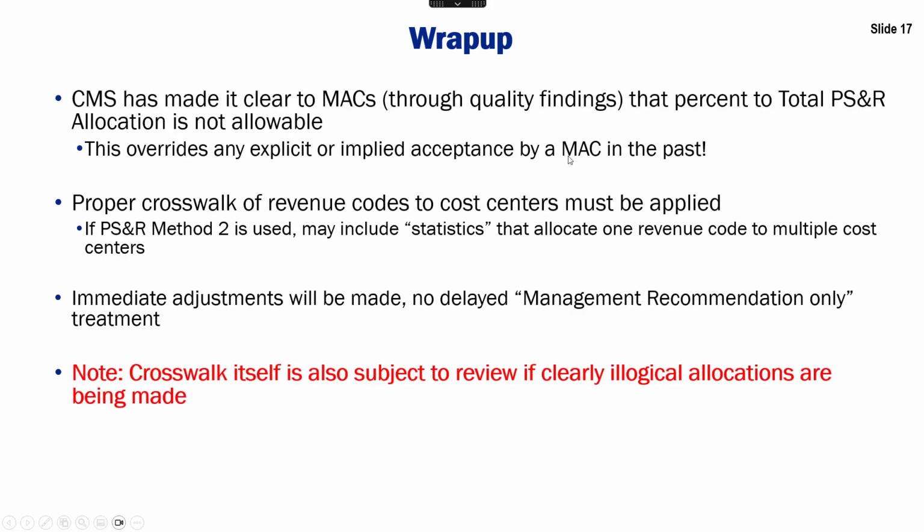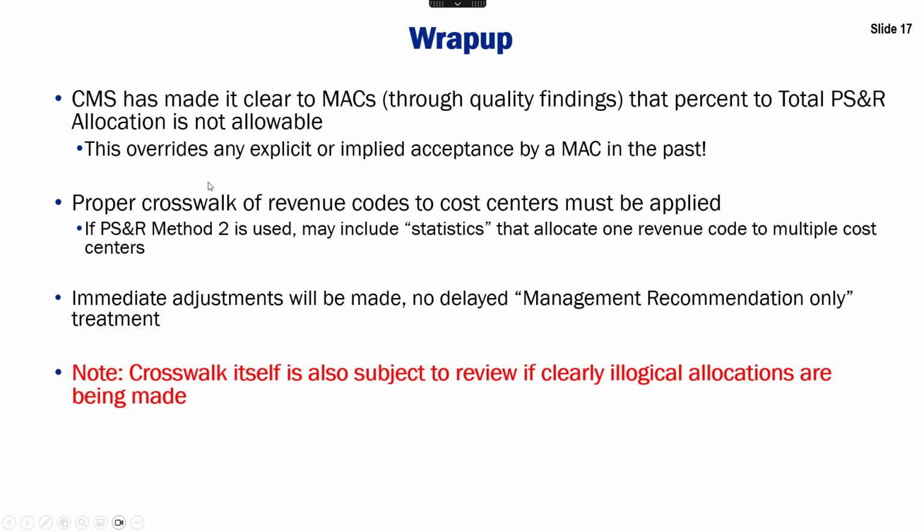Now, just as a wrap-up, CMS has made this clear in multiple quality review findings that they are not going to allow this method. And if we continue to allow it, we will, as a MAC, see cost findings. And we cannot have that. They've made it clear that providers are not to use that method.